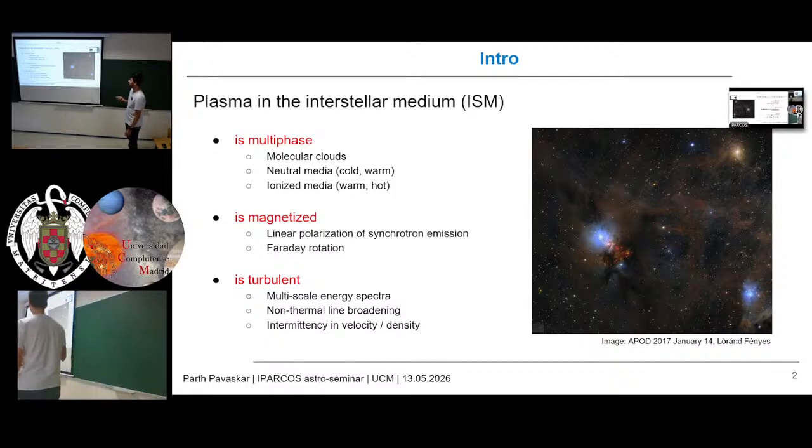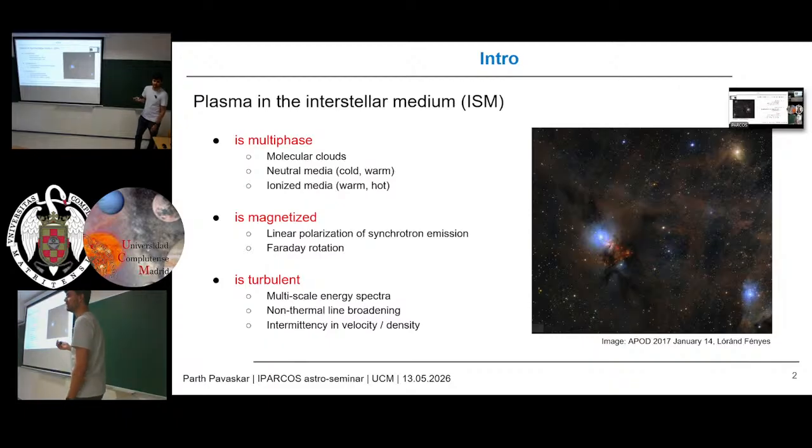What is probably more important for my talk here is that the ISM plasma is turbulent, and we also see some very characteristic features of this from observations. We see multi-scale energy power spectra, non-thermal broadening of spectral lines, and intermittency in velocity and density all over the galaxy.